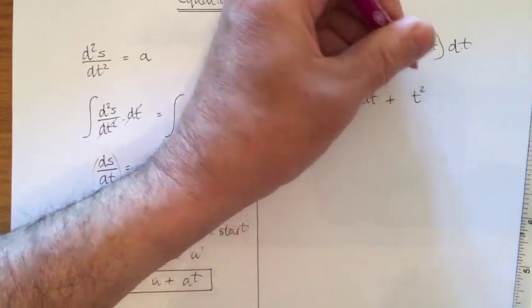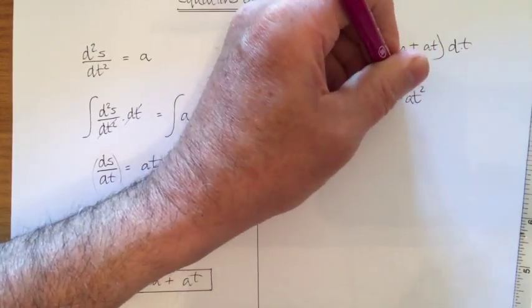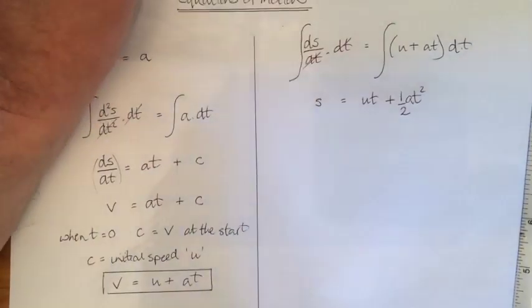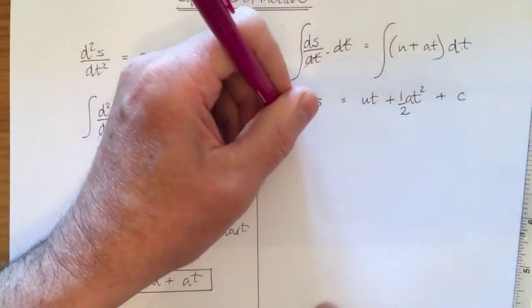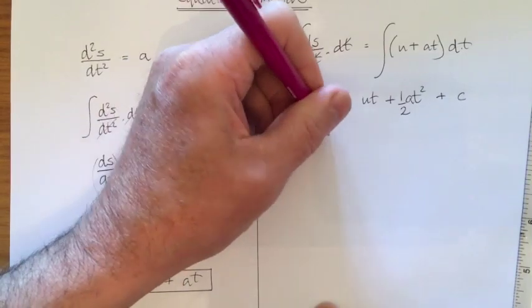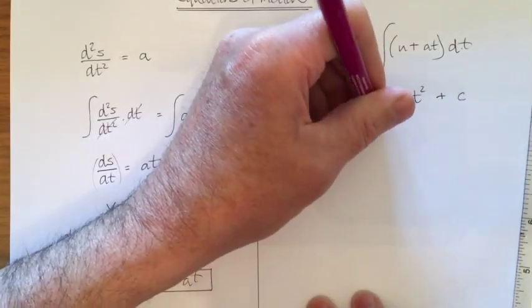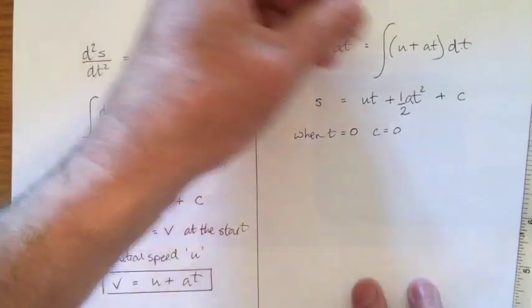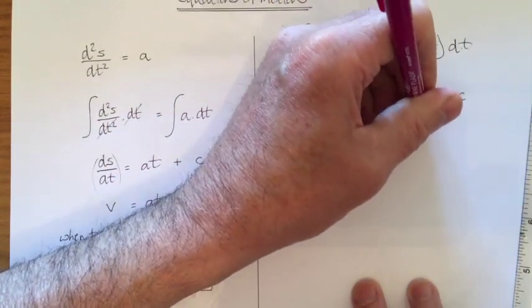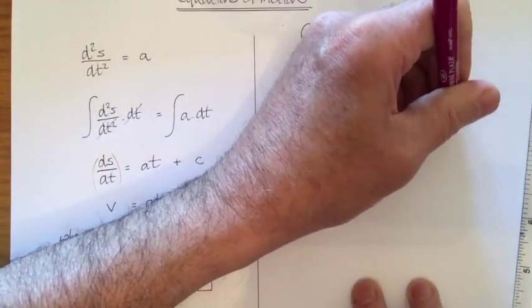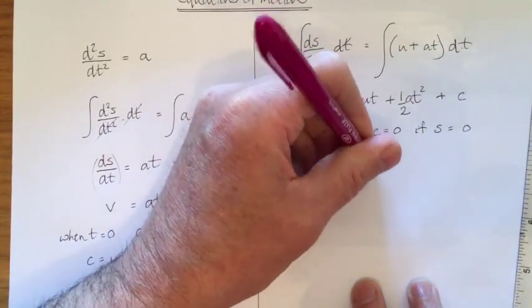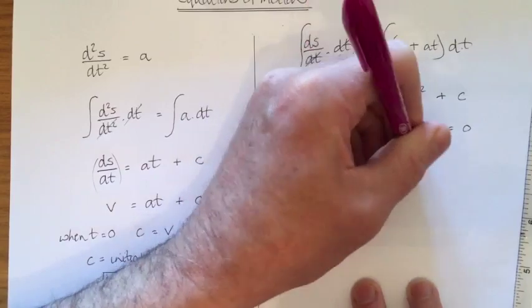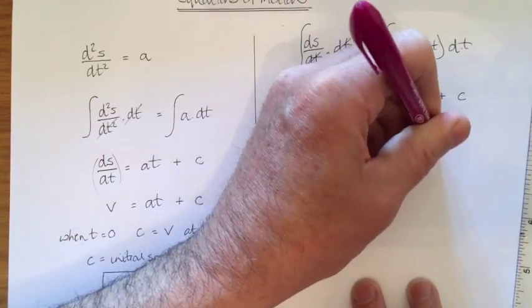Now your rules of integration then mean that we bring a 2 down at the bottom there, add our constant of integration, and again when t equals 0, then c will be equal to 0 if s equals 0. So we have s equals ut plus a half at squared.